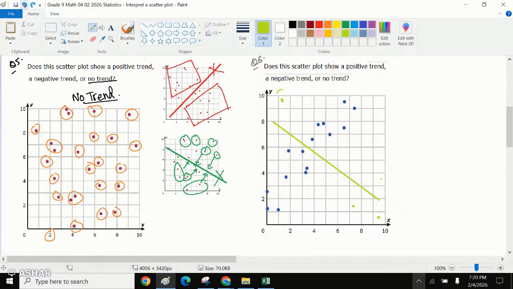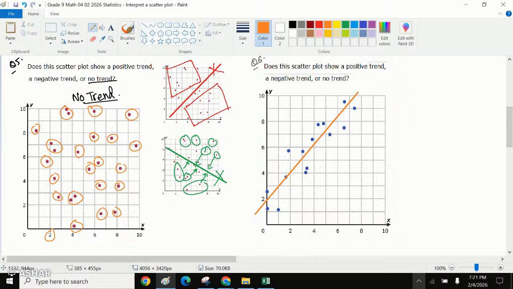Okay, let's see what pattern it could be. We can say it does not have a negative. Let's see if it has a positive. Can we say that the line is passing through the maximum number of points, and the points which it is not passing through are very close to the line, right?